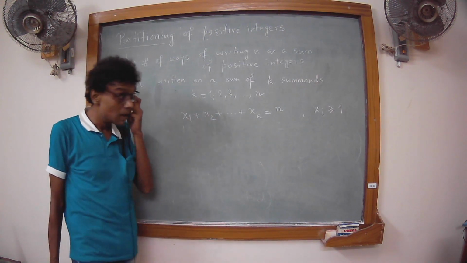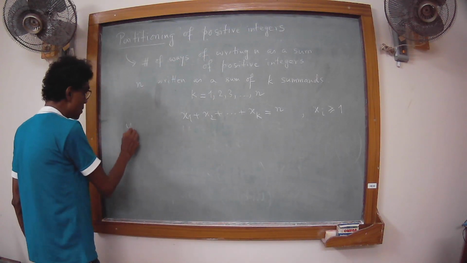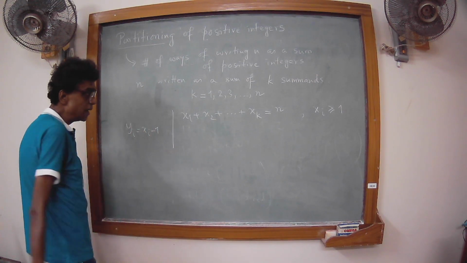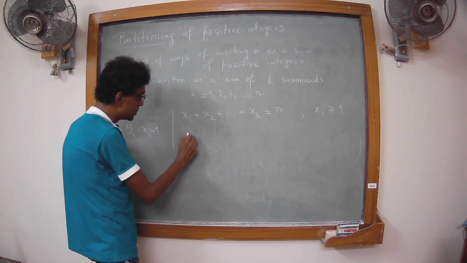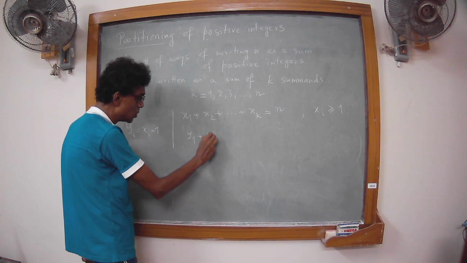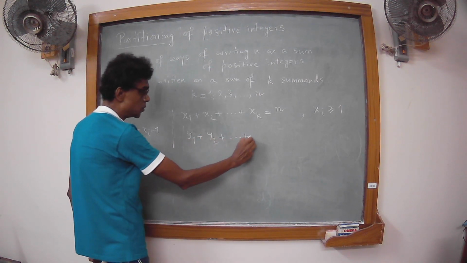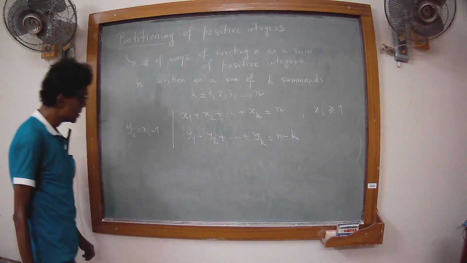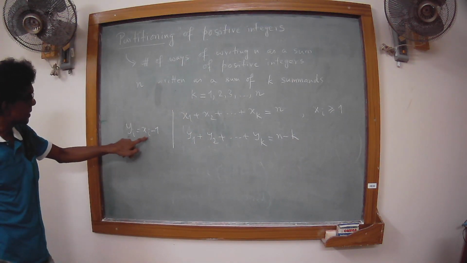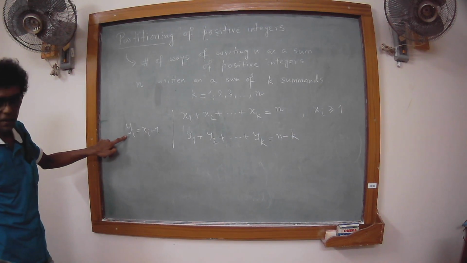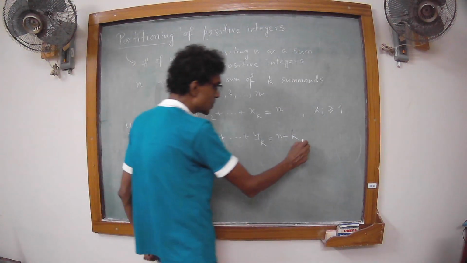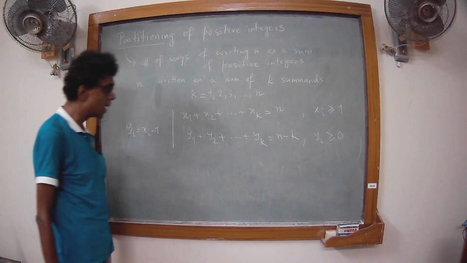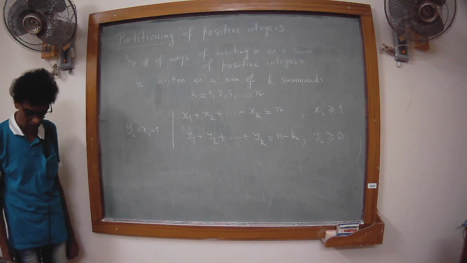But if I use the substitution yi equal to xi minus 1, then this equation reduces to y1 plus y2 up to yk equal to n minus k. Since xi is greater than or equal to 1, yi is greater than or equal to 0. So we are now in a setting where we can directly apply that formula.